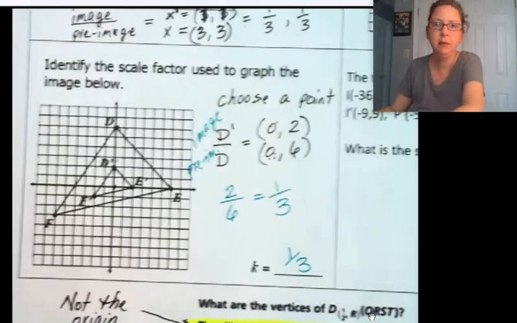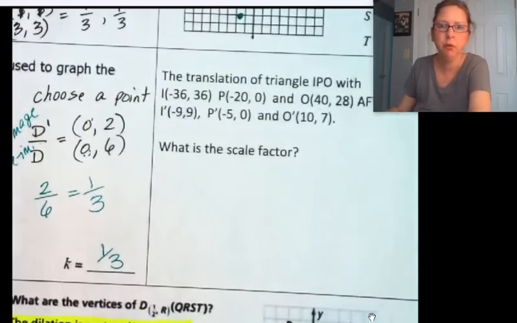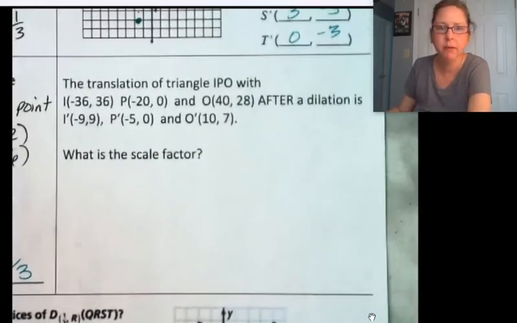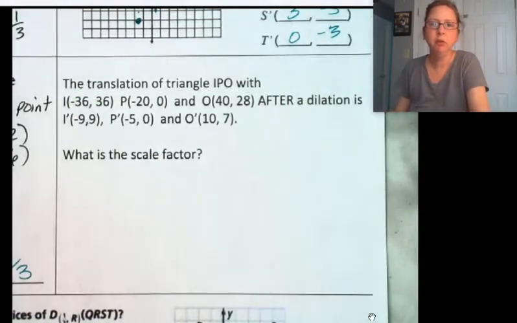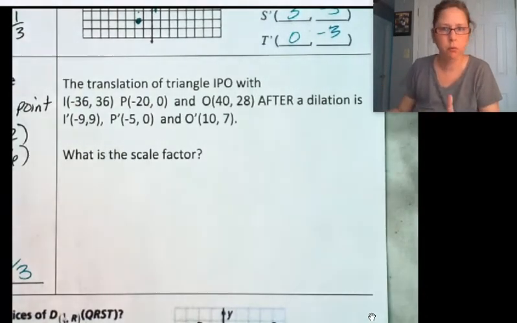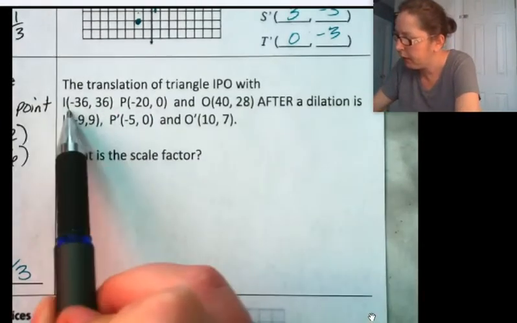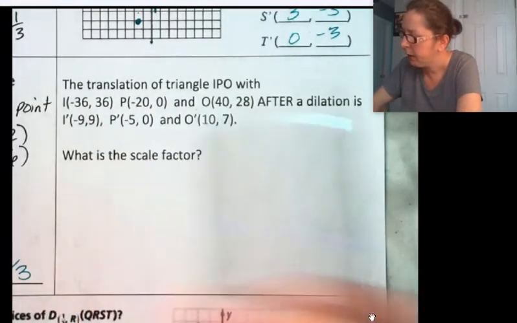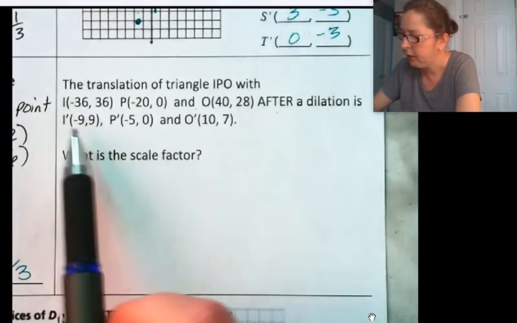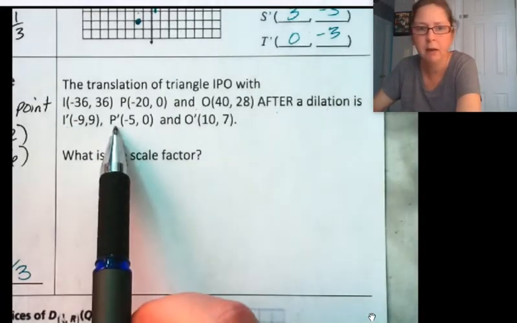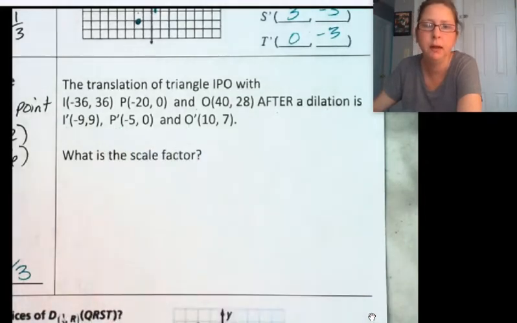Let's do it again, but this time we don't have an image. We've just got some points that they're giving us. So a translation of triangle IPO with these ordered pairs, IPO, after a dilation is, and then they give me the after points for the dilation, and I have to figure out the scale factor.